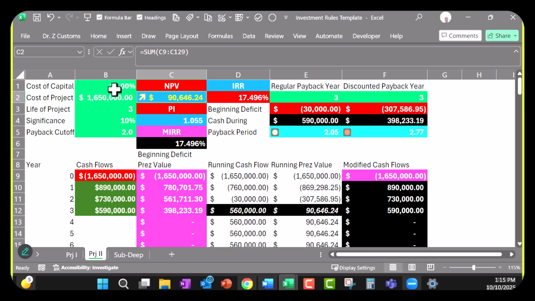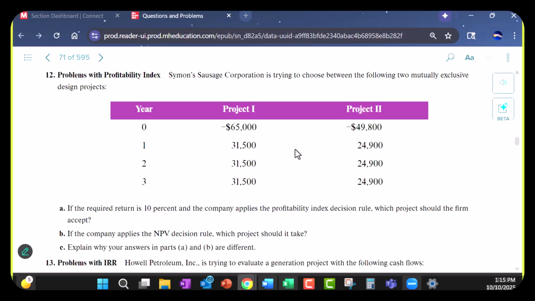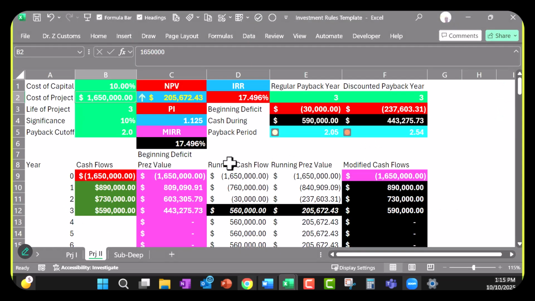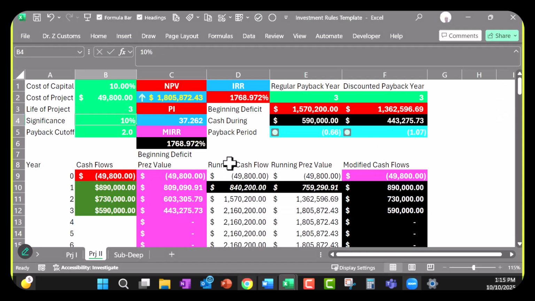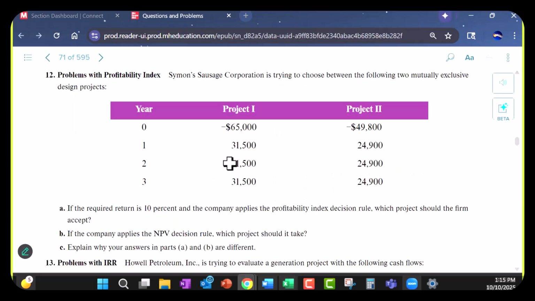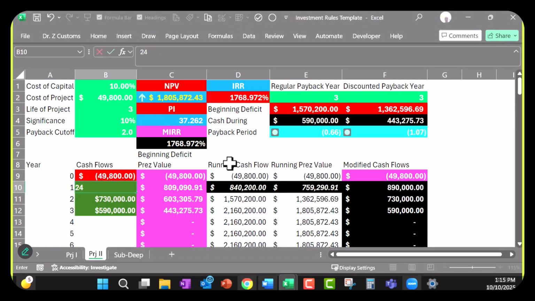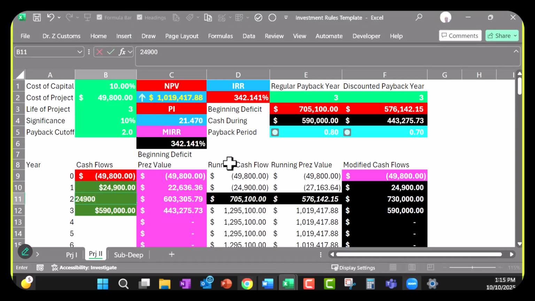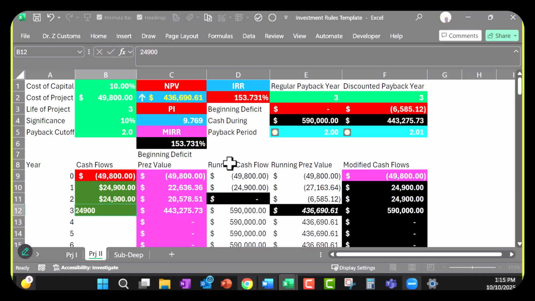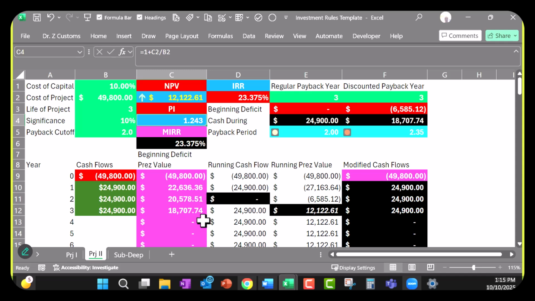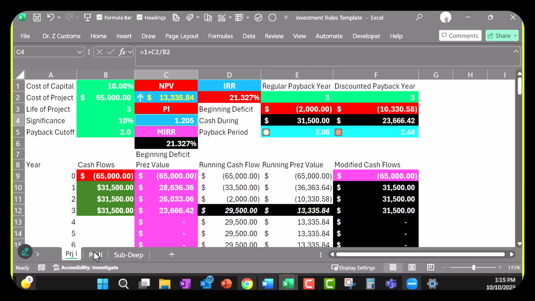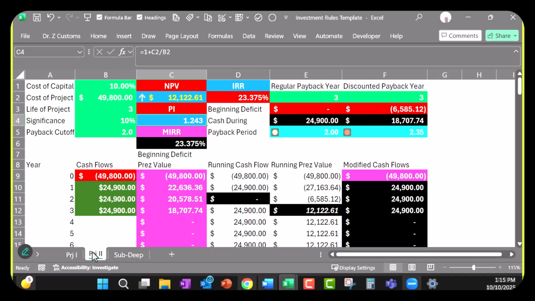On project 2, 49,800, 24.9. And it has a profitability index of 1.24. Well, which one would you prefer? Project 1 or project 2?